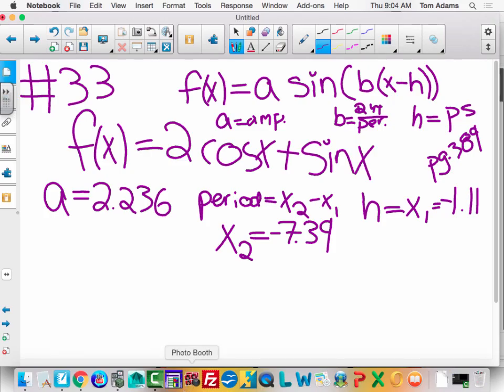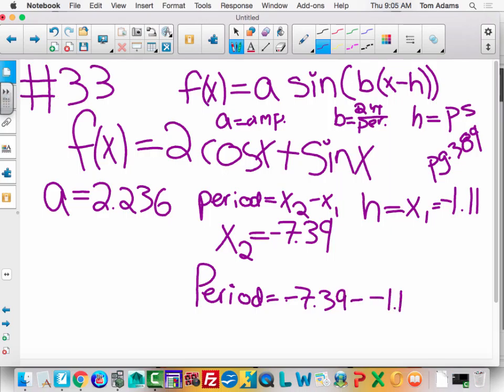Yeah, so let's put negative right here. Let's put period equals negative 7.39 minus 1.11. And so when you minus a minus, it becomes a plus.